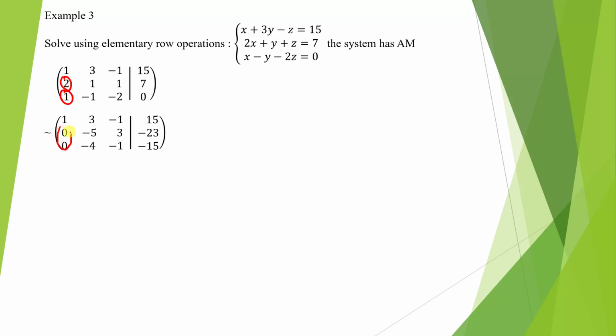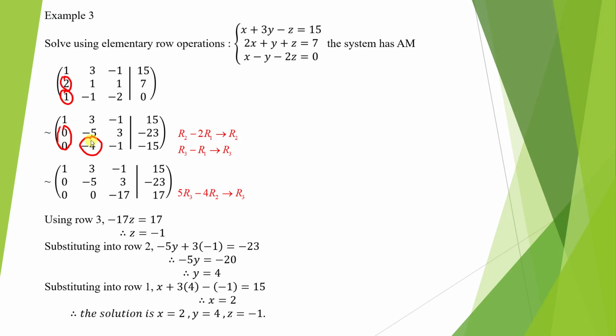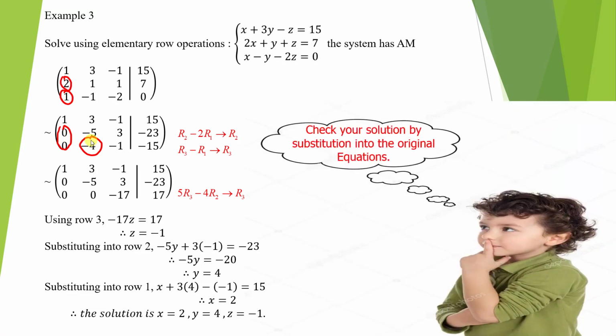And then you convert row 3 of column 2 to be 0, like this one. So we can find the solution of our system of linear equations: z equal to -1, y equal to 4, and x equal to 2. So the solution is x equal to 2, y equal to 4, and z equal to -1.